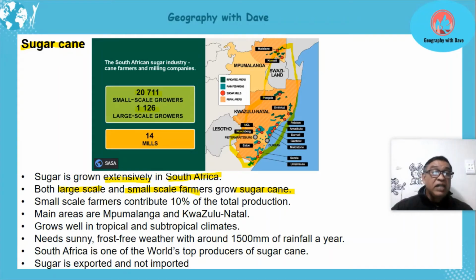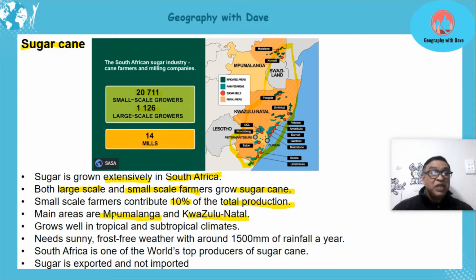But the small scale farmers contribute 10% of the total production, which is quite significant. But you must think about those 1,126 large scale farmers. They must be, whoa, rich, eh? Rich people, producing so much. The main areas are Mpumalanga and KwaZulu-Natal, which is massive.